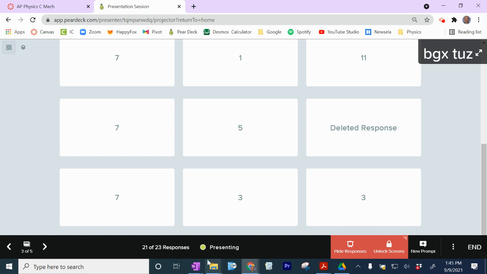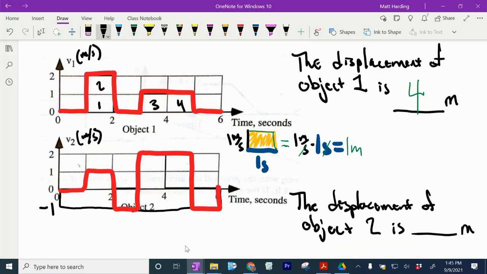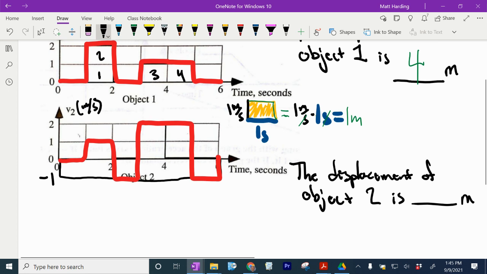Nobody had 9. That would have been another one I would have expected, but I don't see it. So take a look at this, 3 or 7. Think about how those might happen on here, and reference that with your neighbor.